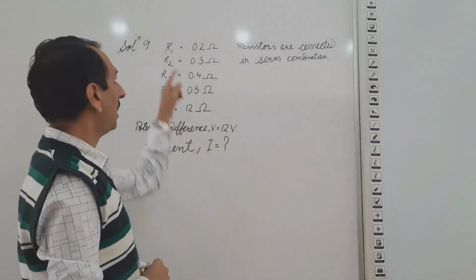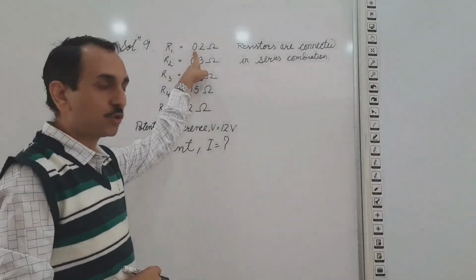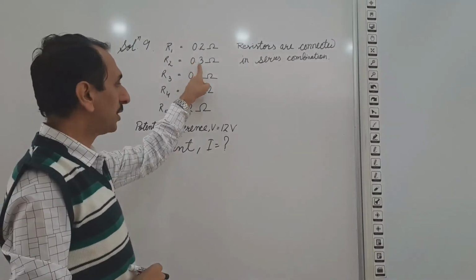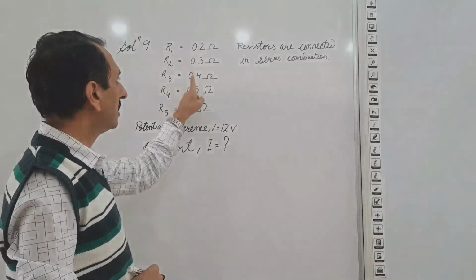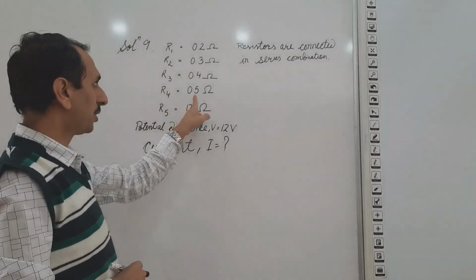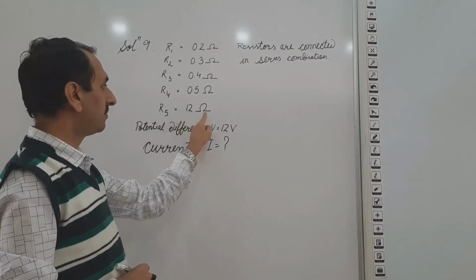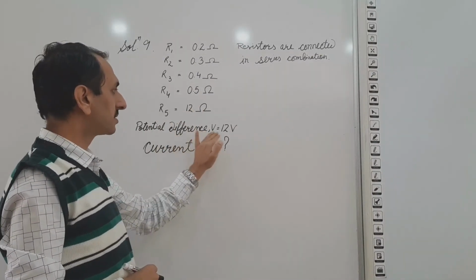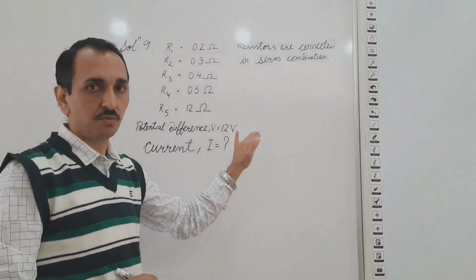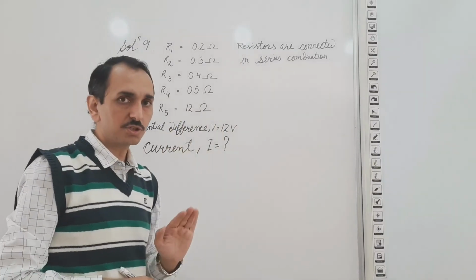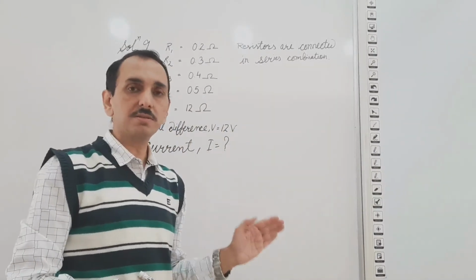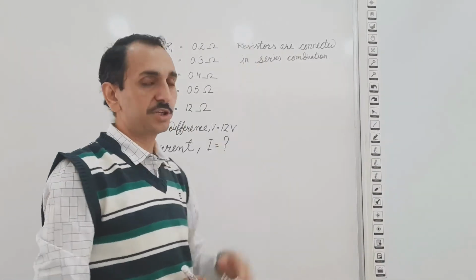Given terms: R1 0.2 ohm, R2 0.3 ohm, R3 0.4 ohm, R4 0.5 ohm, R5 12 ohm. Potential difference V is 12 volt. In the question, it is given that all the resistors are connected in series combination.